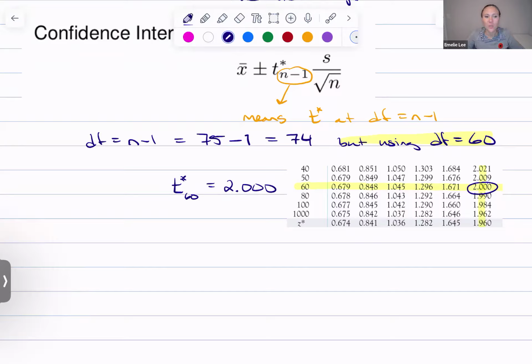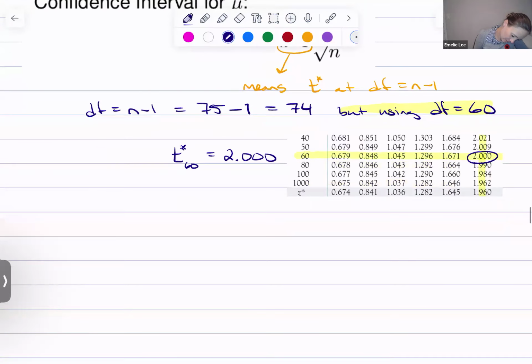So now I'm ready to construct my confidence interval. Right? X bar plus minus t star times s over root n. Notice how I've dropped the subscript.